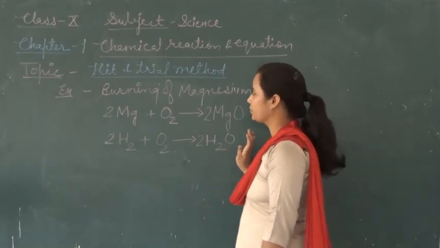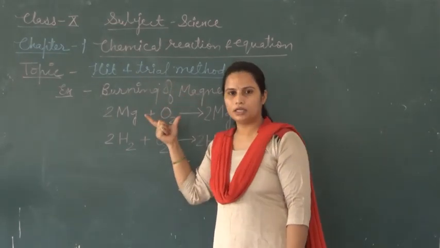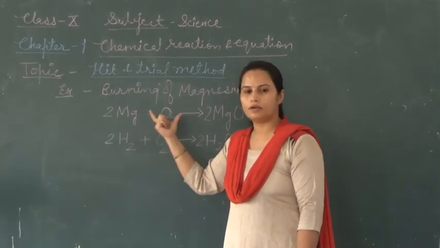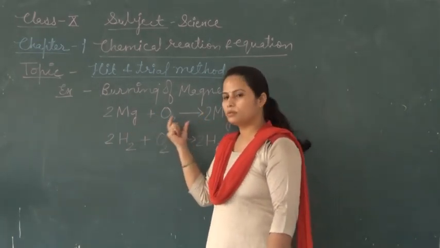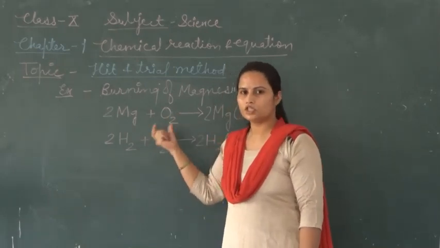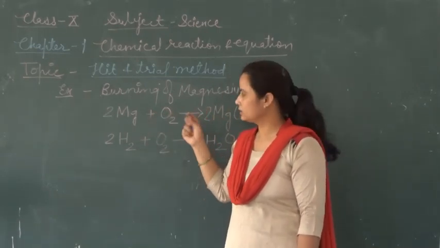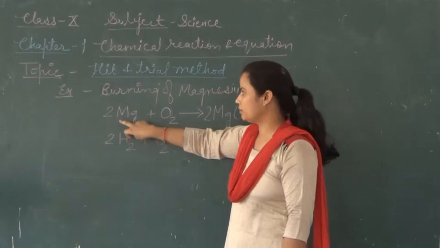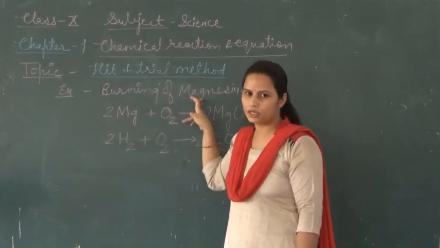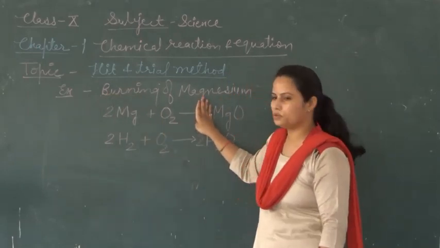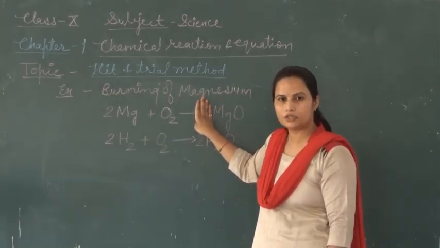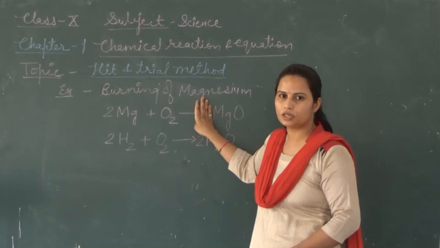My meaning is that in the hit and trial method we balance both sides, left hand side and right hand side, and we start balancing with the maximum number of atoms. Again I repeat, for example, burning of magnesium is a word equation. Whenever I write Mg plus O2 will give MgO, it is called a skeletal equation, which means an unbalanced equation.